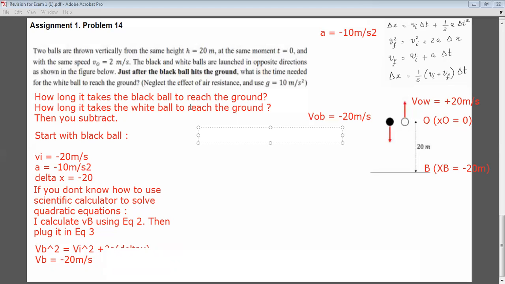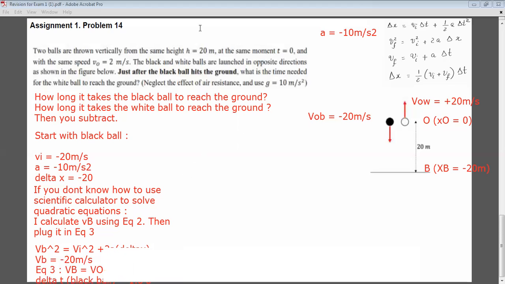But before I start with the white ball, once I calculate VB, now I can use equation 3: VB equals V0 minus 10 delta t, and from here you get delta t for the black ball, 1.8 seconds. I'm giving you the answers so you can check them yourself.